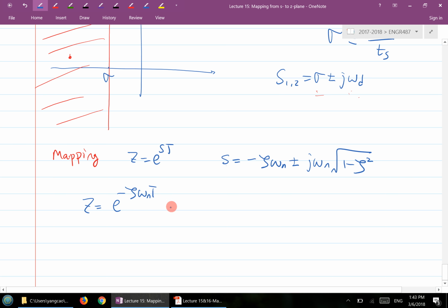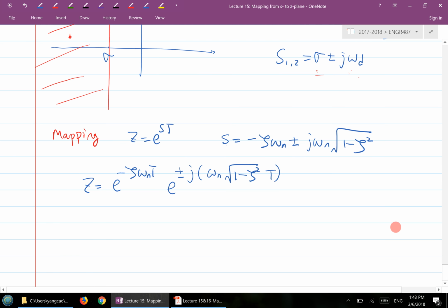And then e to the power of plus or minus j times omega_n square root of 1 minus zeta squared times T.